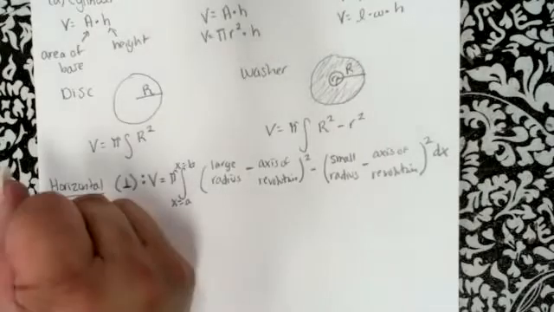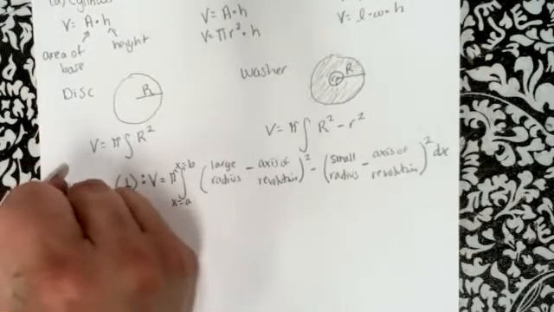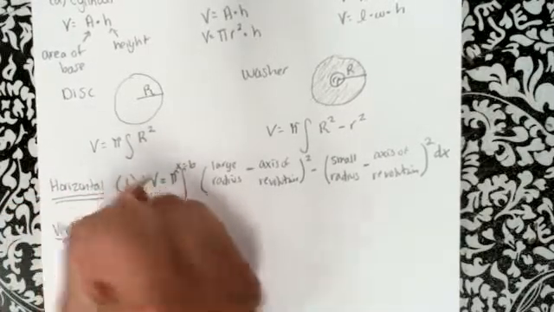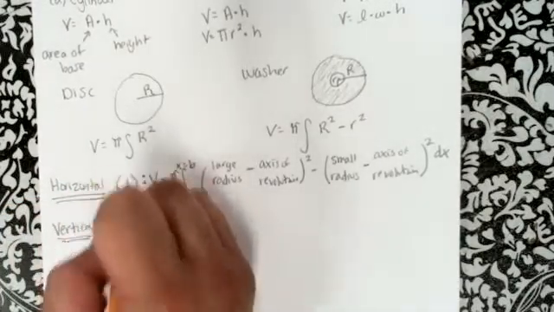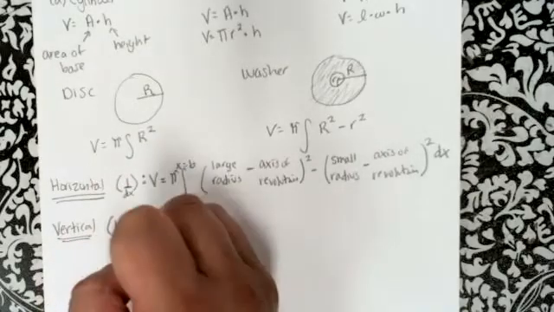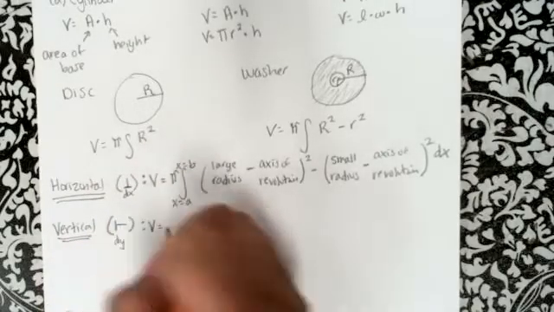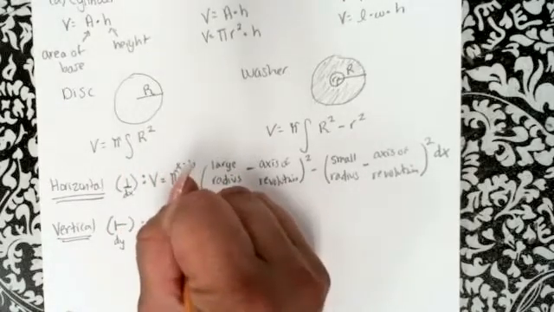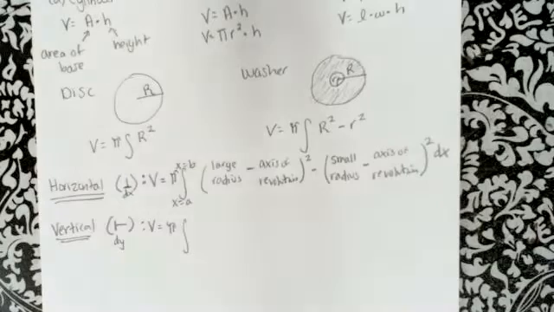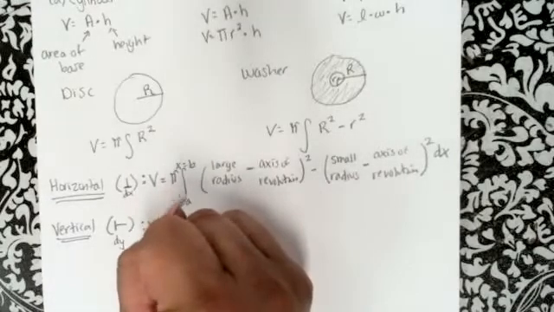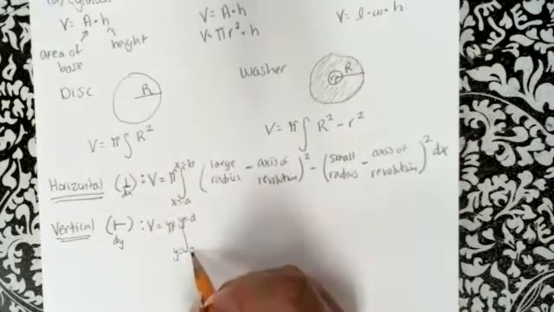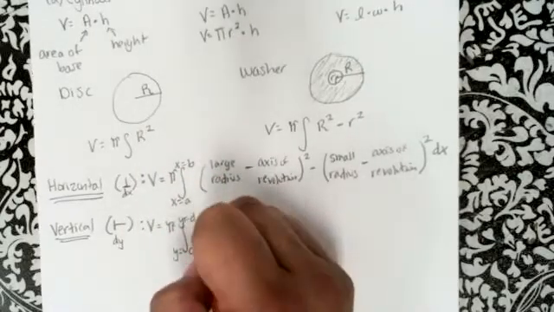If we have a vertical, so this is a dx type problem, this is going to be a dy type problem. The volume here is going to be pi, and these are going to be in y, so I'll say y equals c and y equals d. Your upper and your lower bound have to be in reference to the y values.